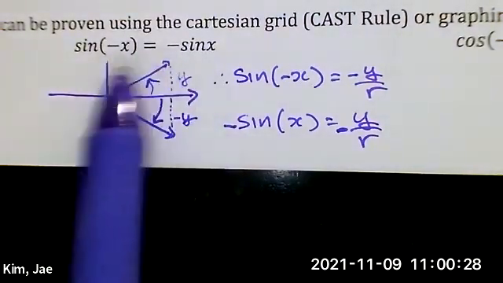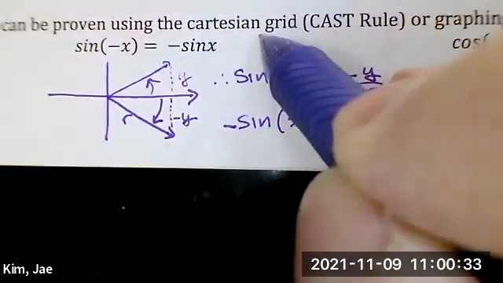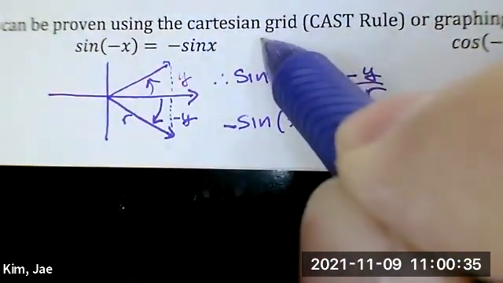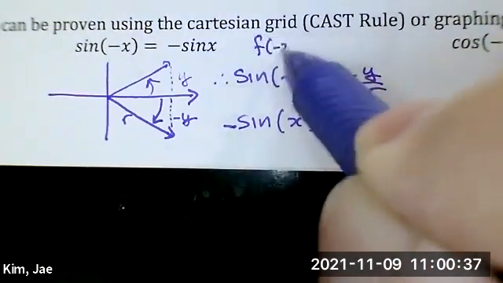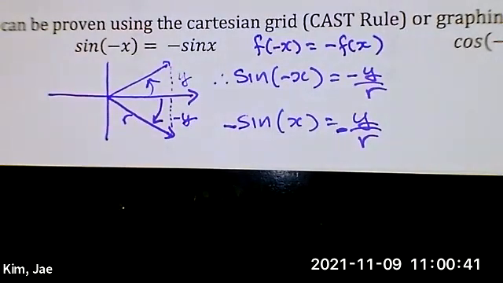Does this look familiar? This is actually odd identities. I mean, odd and even functions. This is the same as saying, remember that from chapter 1 or chapter 2, even versus odd? Cosine is an even.